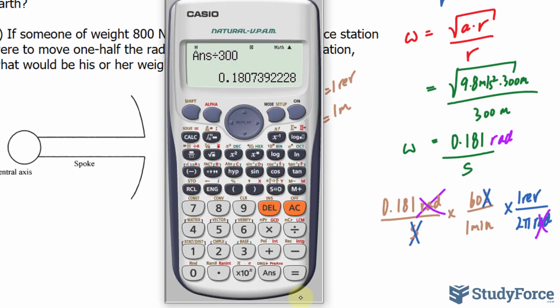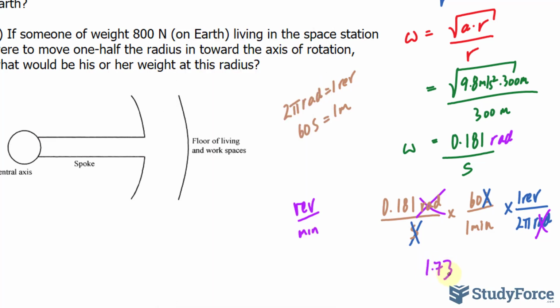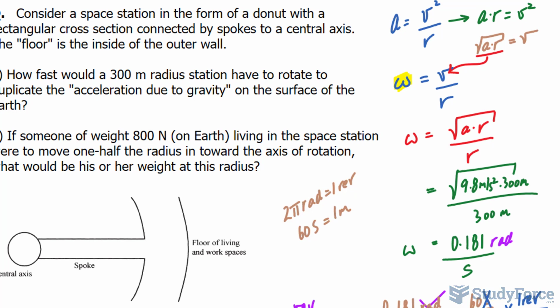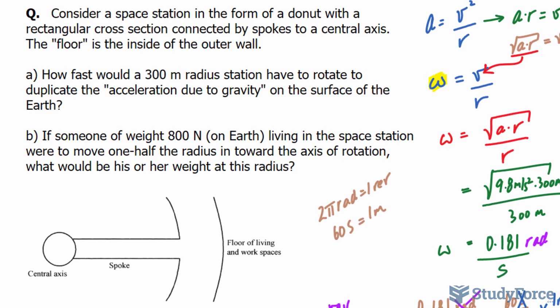And we can now go ahead and calculate the value on our screen times 60, so all the numbers in the numerator position, divided by 2 times pi. And we get 1.725, or simply 1.73 revolutions per every 1 minute. So this space station would have to revolve that many times per minute in order to have the same acceleration due to gravity that you would find on Earth.